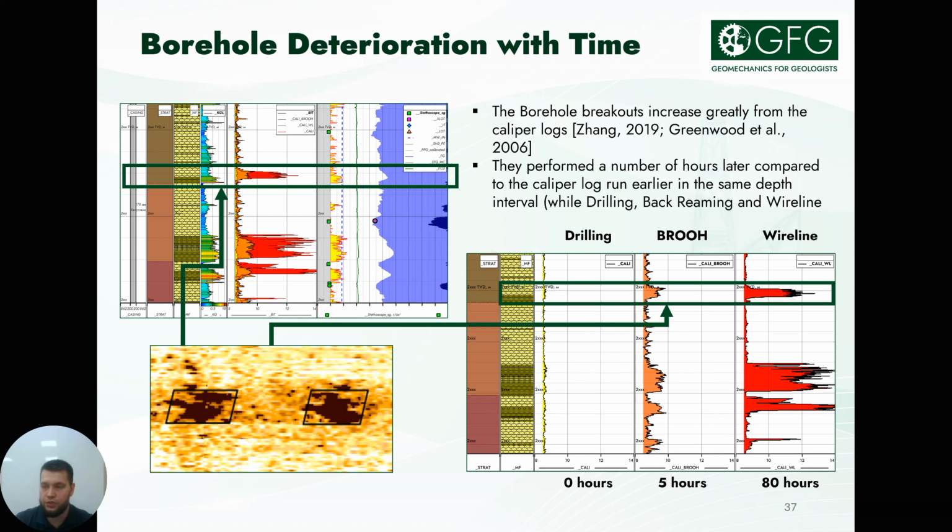Borehole deterioration with time is a serious problem, especially for claystones. Wellbore breakouts increase greatly for caliper logs performed a number of hours later compared to a caliper log run earlier in the same depth interval. This is mainly caused by rock relaxation or creep.